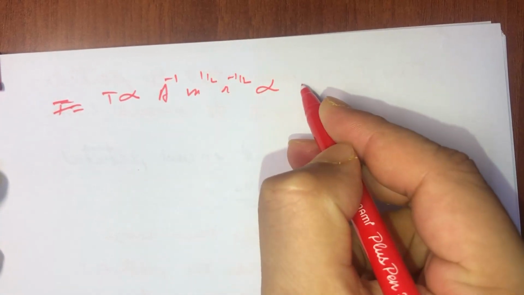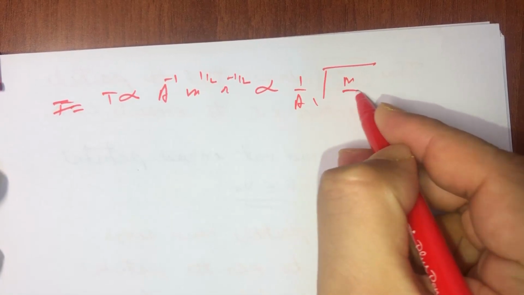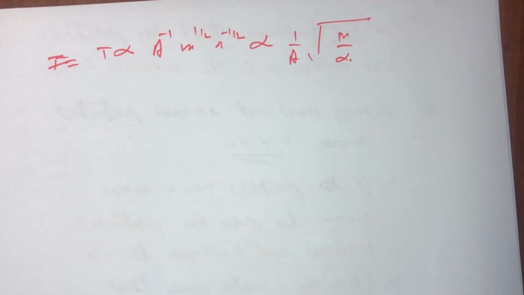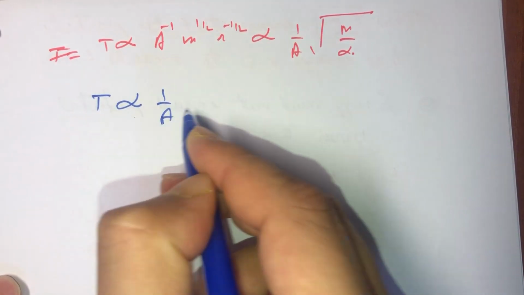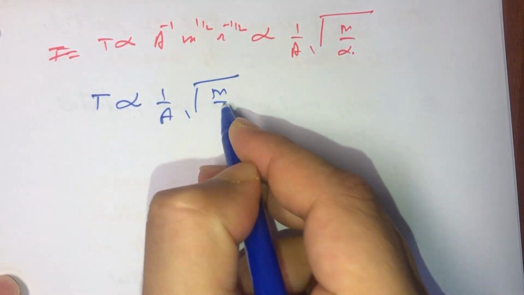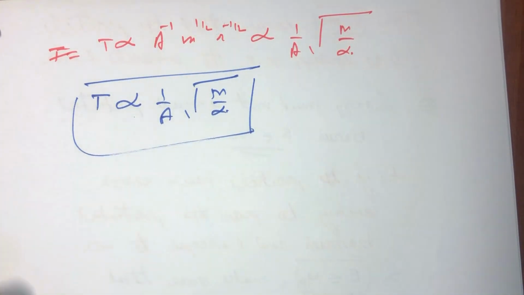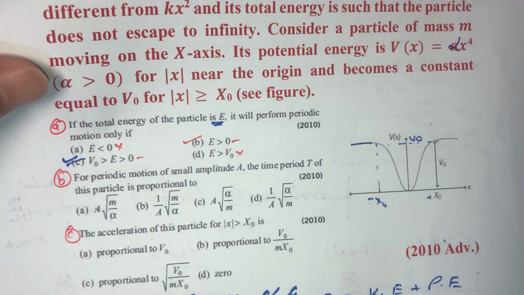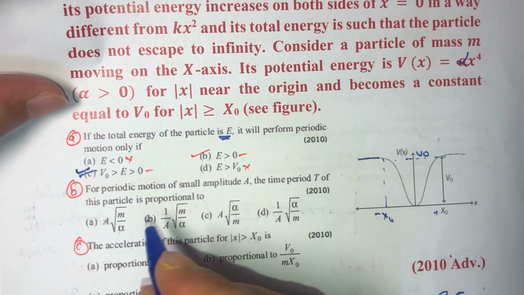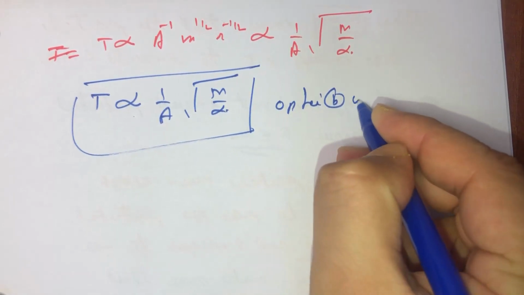This can be written as 1 by A times square root of M upon alpha. So we get that our time period is proportional to 1 upon A square root of M upon alpha. Among the options available, we have option number B as the correct option.